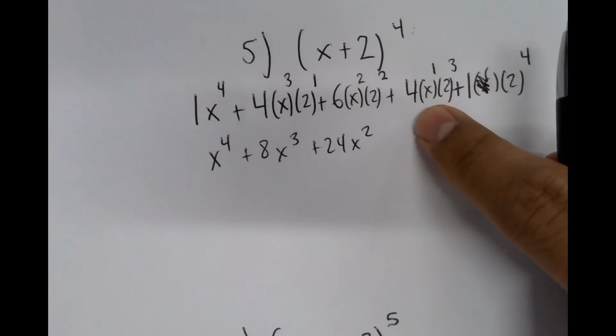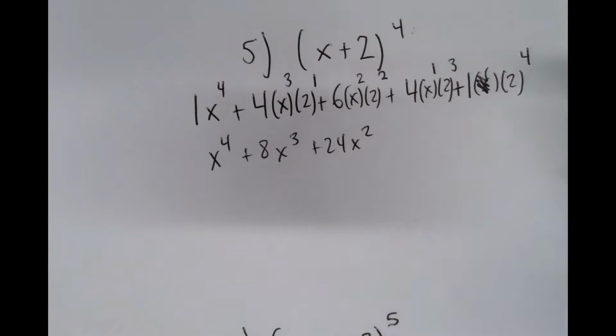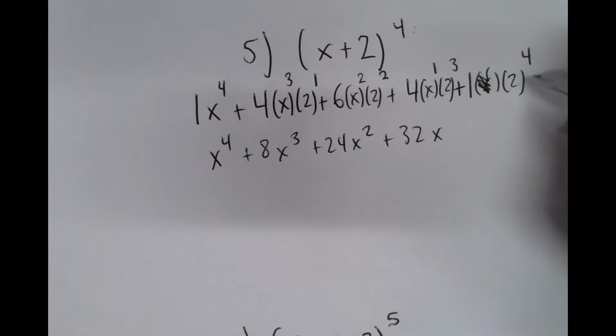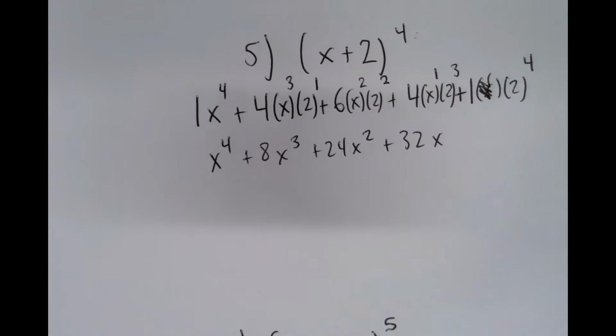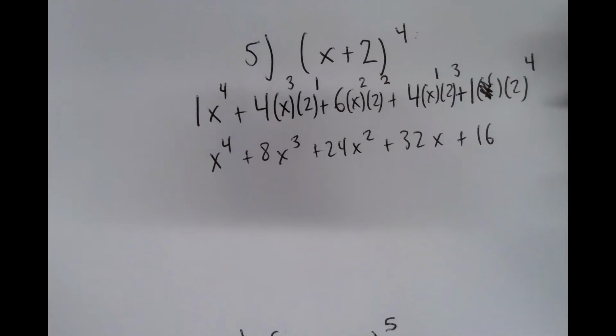Then you have 4 times 2 to the 3rd, which is 8, which is 32 times x. And then you have 2 to the 4th power, which is 16, I believe. 2, 4, 8, 16, yeah. And that would be your answer. That's it. Okay.